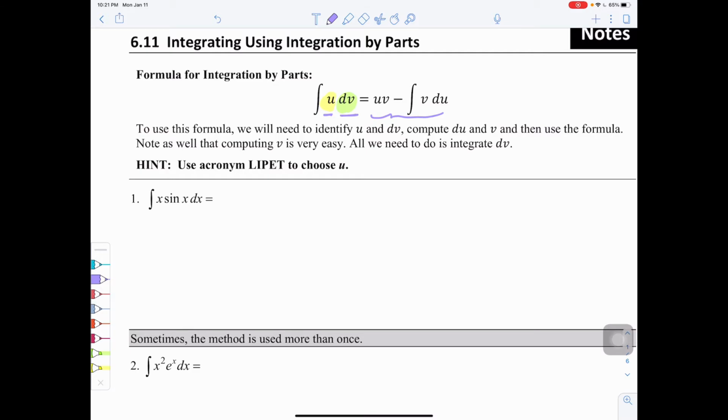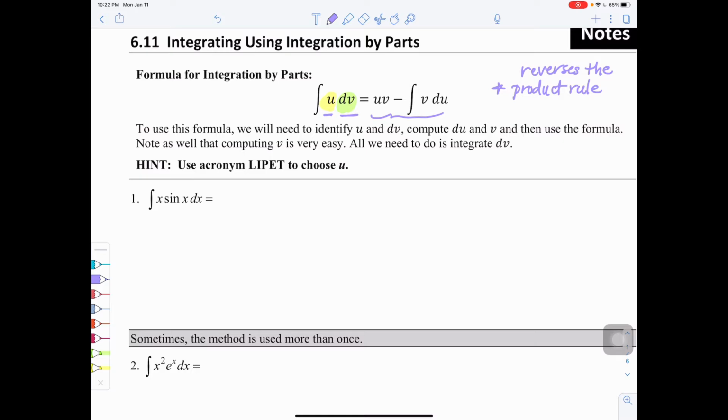Also, I want you to keep in mind that this is undoing the product rule. This comes from the product rule. I'll just put reverses the product rule, probably not the correct notation.